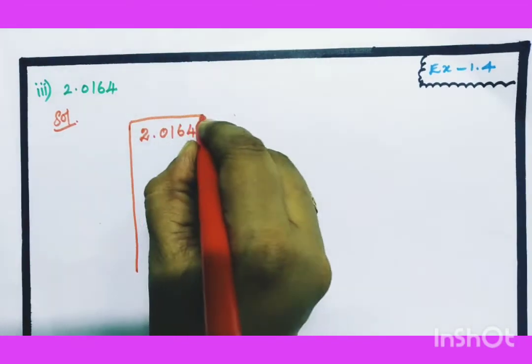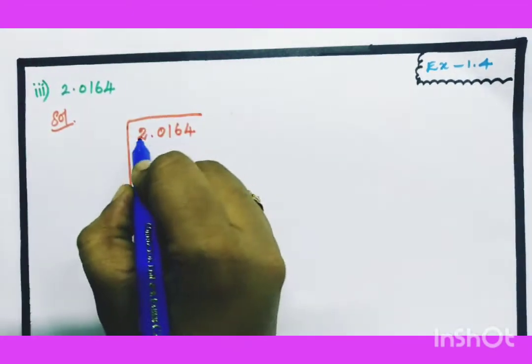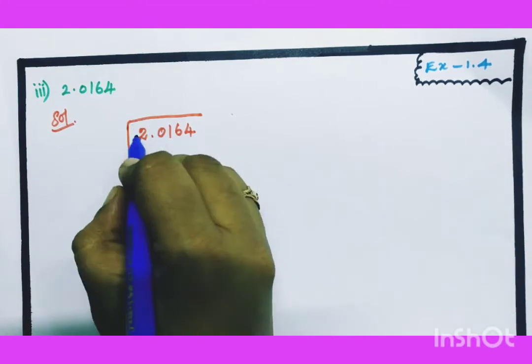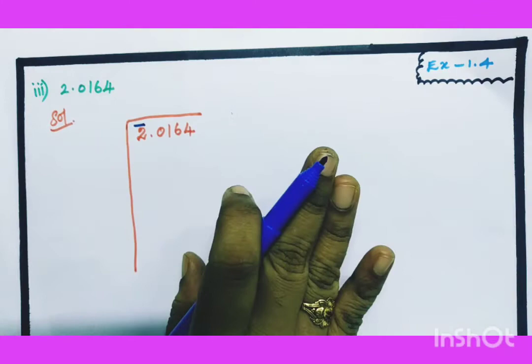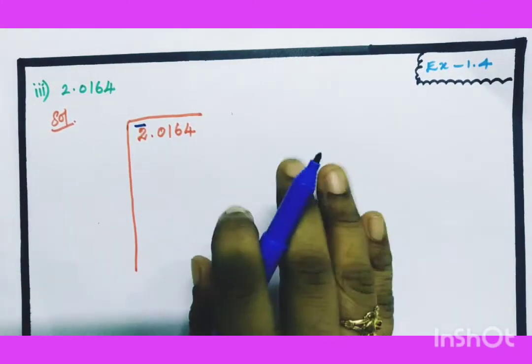Here how to do it, I will tell you. First see only the whole numbers. Before the point there is only 2, so make it a single pair. That's all. Next, what I said: the decimal numbers are separate.